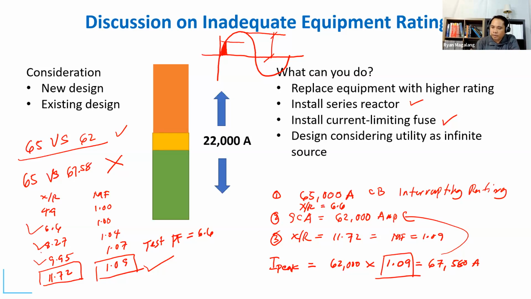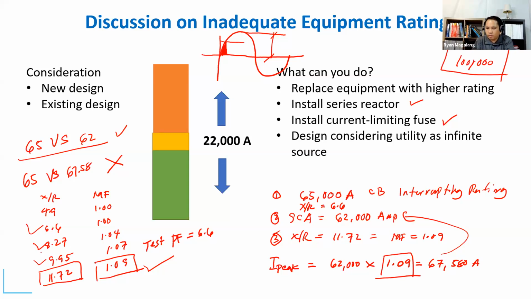As an example, a current limiting fuse rated for 240,000 amps would only allow 100,000 amps to pass through. So you could see that it's even less than half. So it reduces the fault current to less than half. Of course, when you are specifying this, make sure to look at the data sheet.